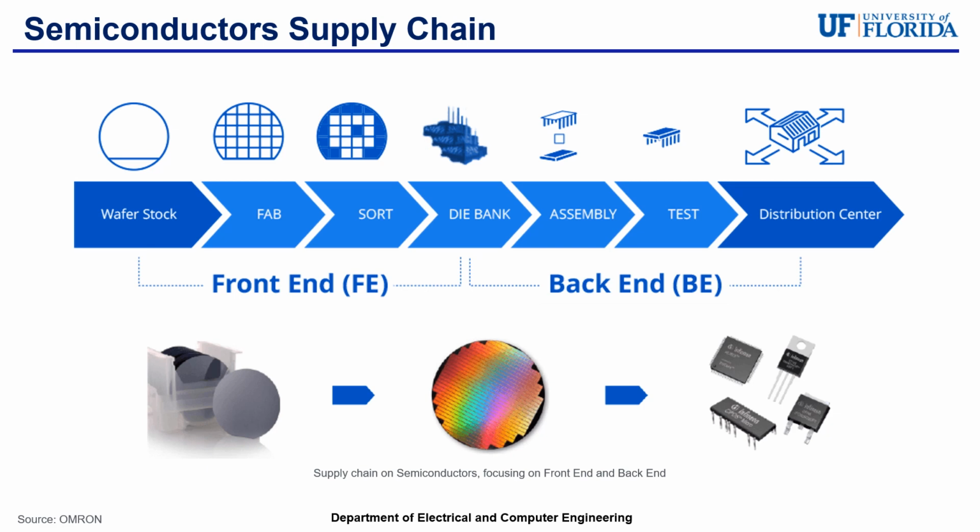In summary, the semiconductor supply chain is a series of steps that take silicon from a pure wafer to a functional chip in our electronic devices. Front end is where the chips are created and tested, and the back end is where they are assembled and tested and then distributed. Combined, they make the steps to power the electronics used in our world.